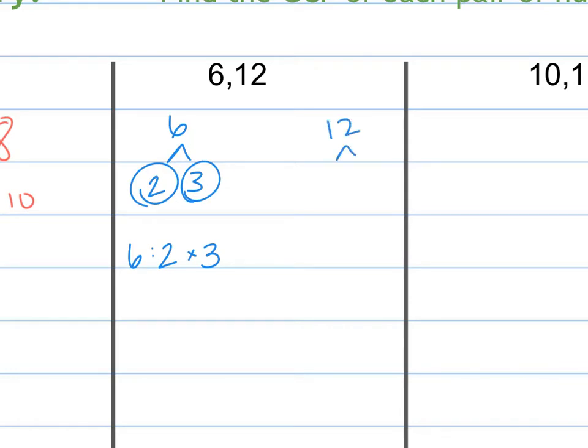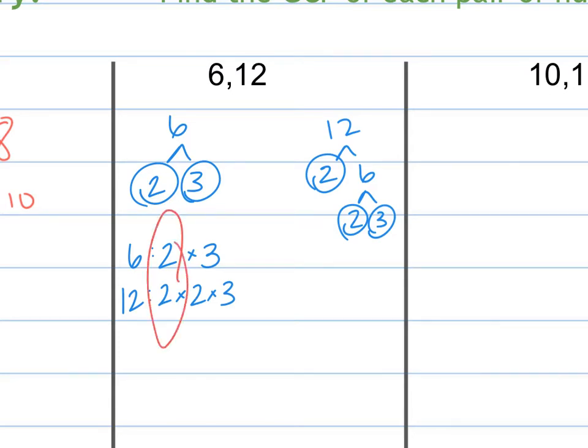And then 12, 2 and 6. 6 would then be 2 and 3. 2 times 2 times 3. So now we look for numbers that show up again in both of them. They both have a 2, and they both have a 3. So I take one from each of those and I multiply them. 2 times 3 equals 6.